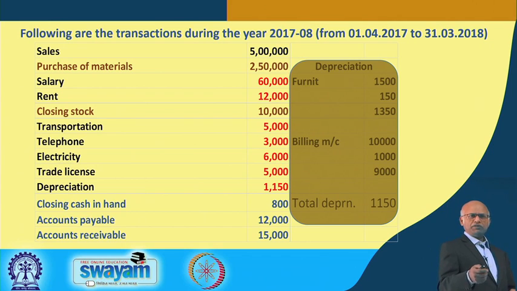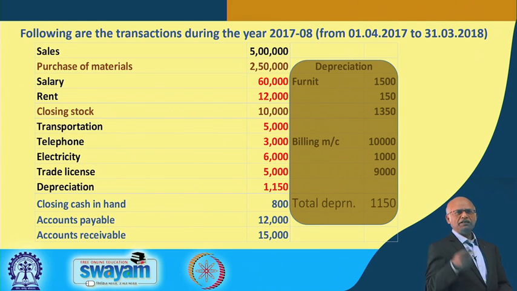The ones in maroon color, like purchase of material and closing stock, are used to estimate gross profit. That is why I put them in a different color, and the blue ones are closing stock, closing cash in hand, accounts payable, accounts receivable.